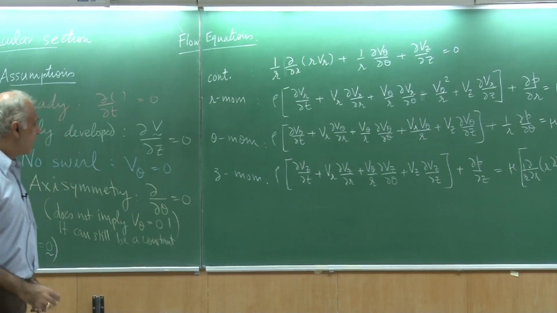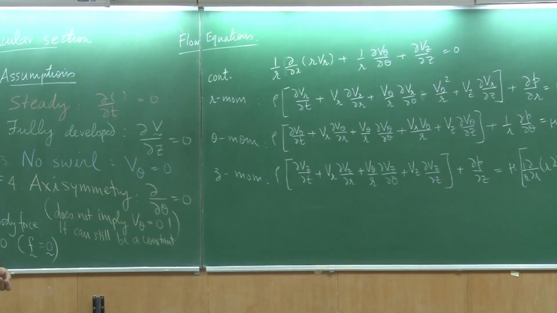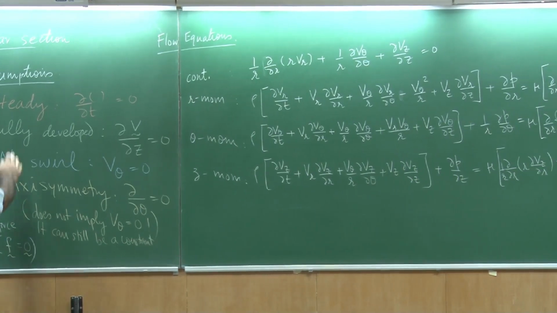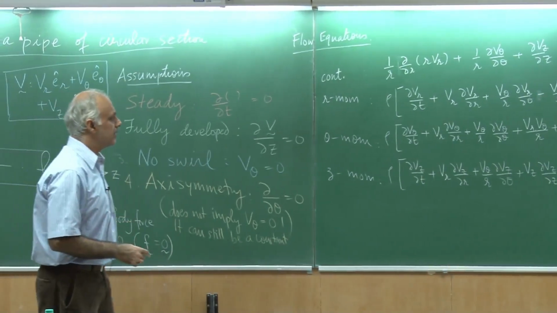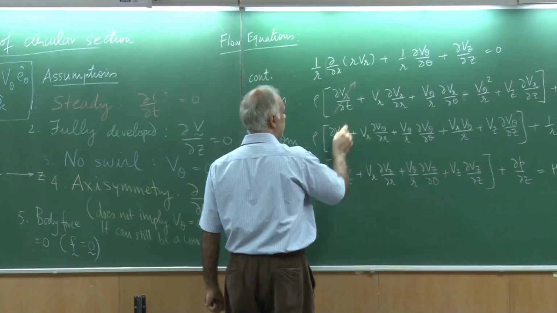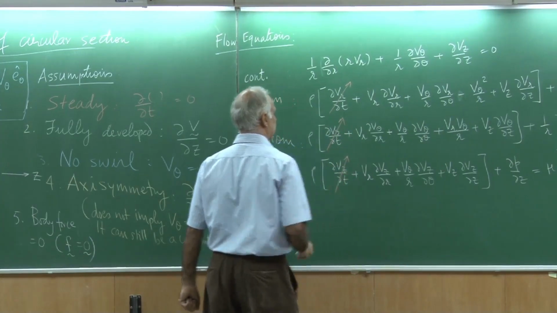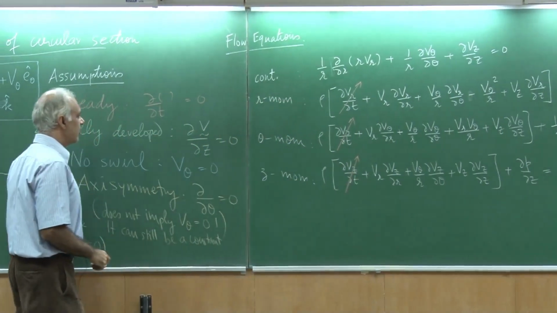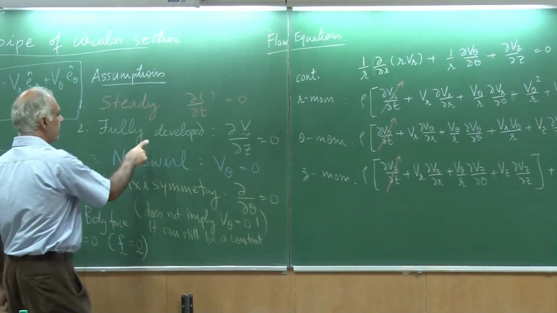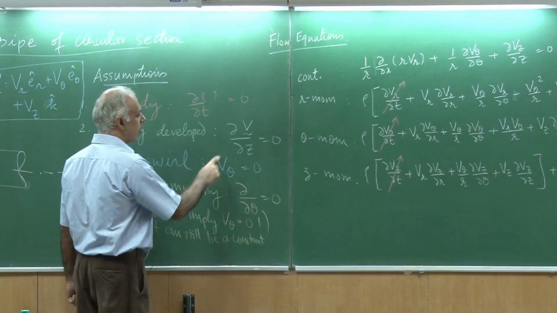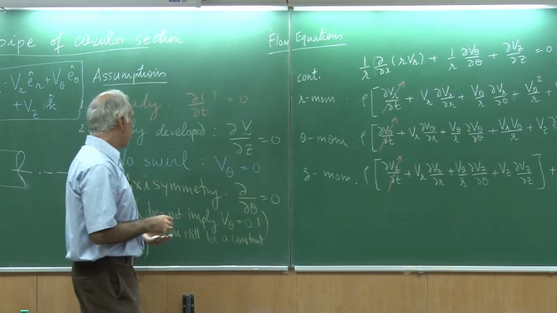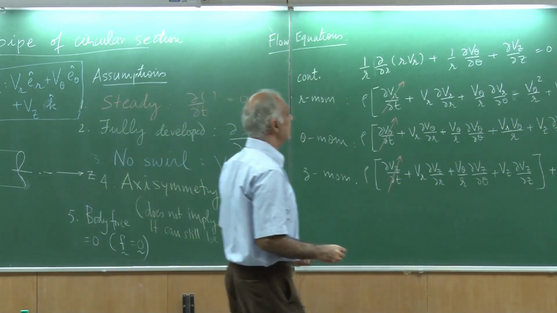Okay, so now let's try to figure out what we do as far as the simplifications are concerned. Let's first start with the steady flow. Because the flow is steady, I will strike off these terms. Okay, we have a fully developed flow, so all derivatives of velocity with respect to z go away, so I will mark that with the green color.